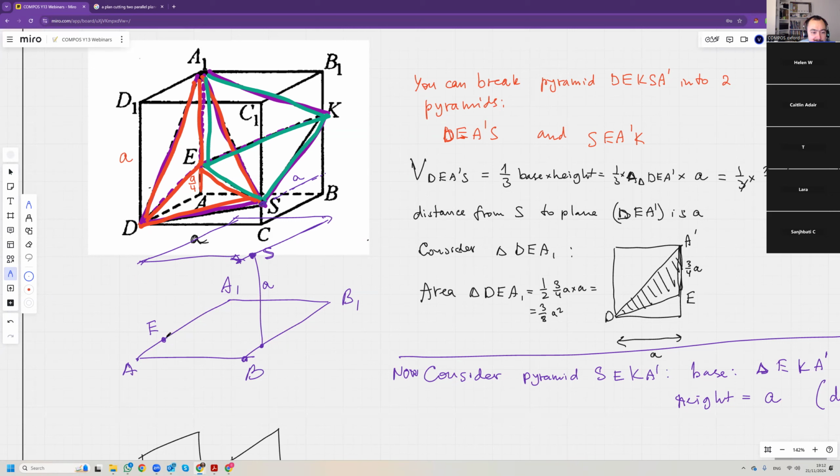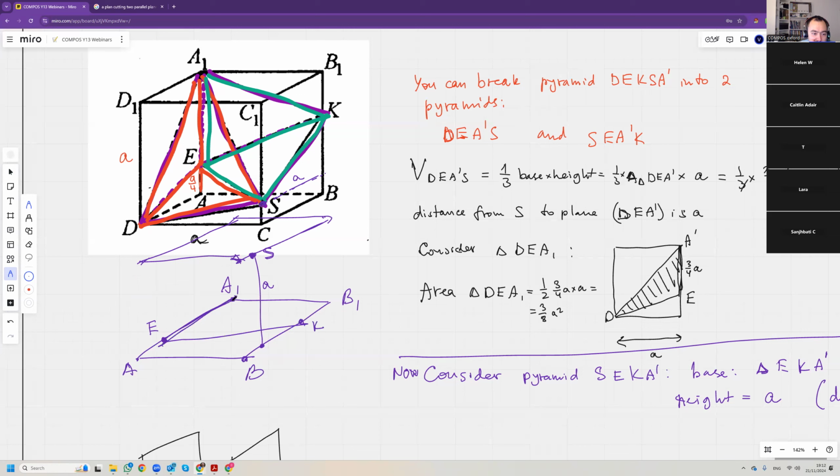Now the volume of the pyramid EA'K, where K is somewhere here.